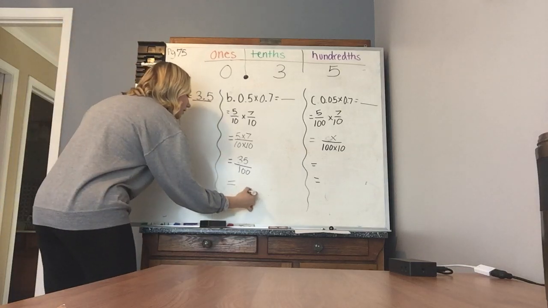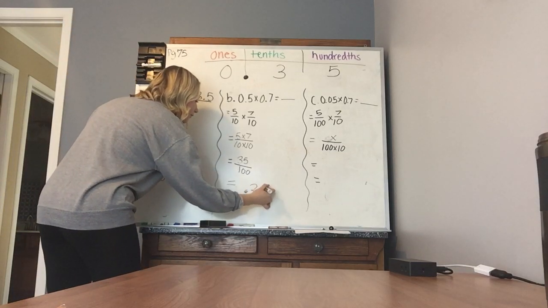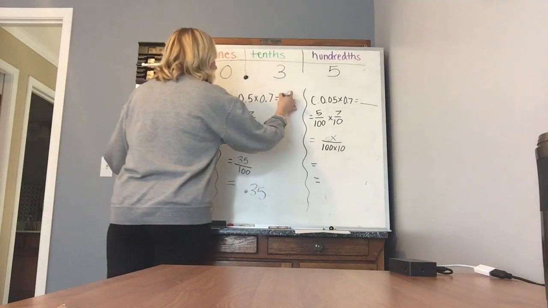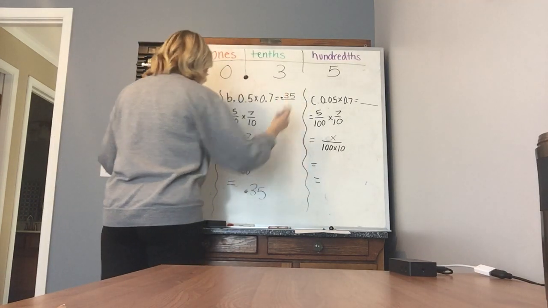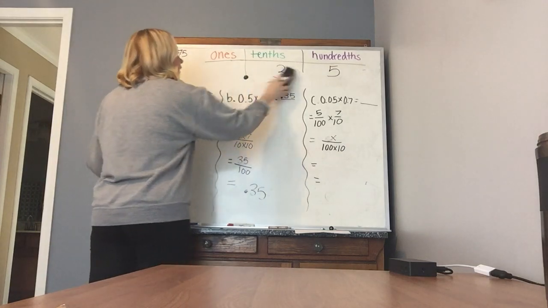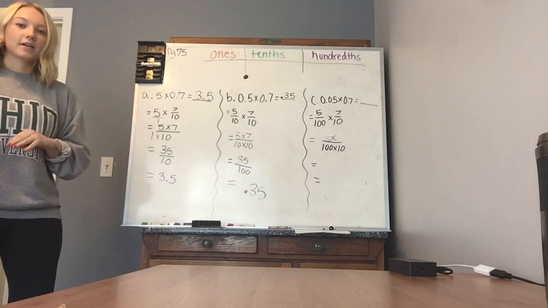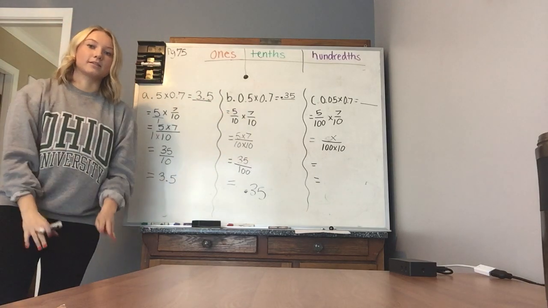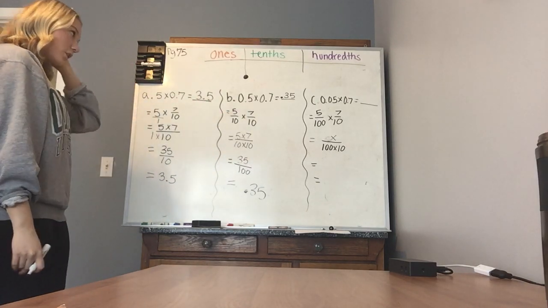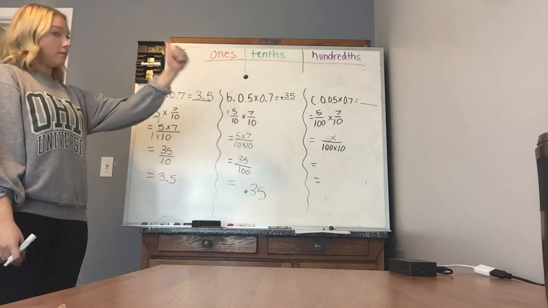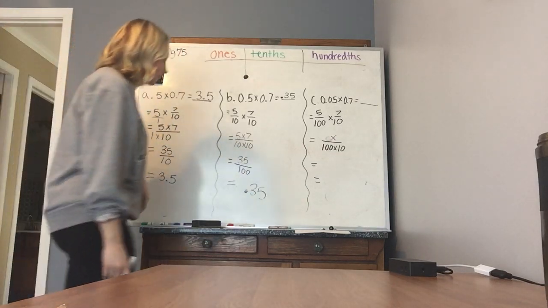So this will look just like 0.35. Let's put 0.35 in our answer, and then erase and move on to the next one. Do you see how it's easier to go this way instead of moving down? Each time the decimal place is moving to the left.